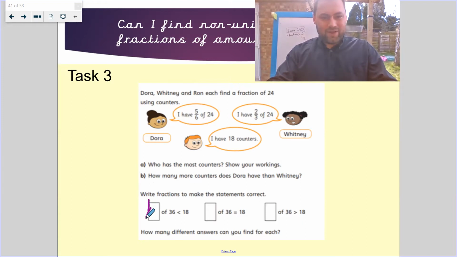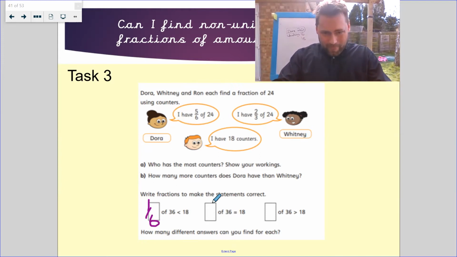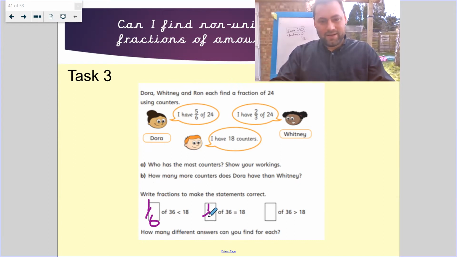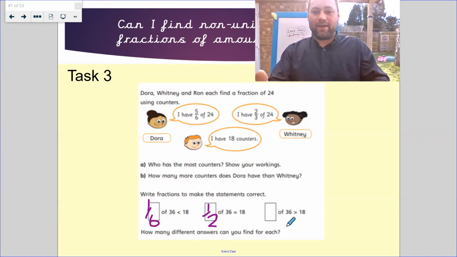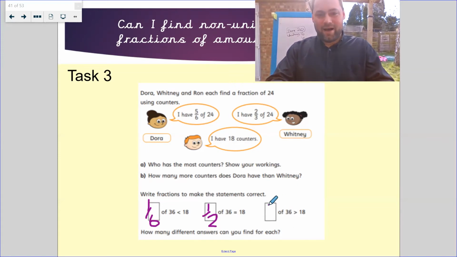So 1/6 of 36 is equal to 6, which is less than 18. What equals 18? I could put 1/2 of 36 is equal to 18. And for one that's greater than 18, I may do 5/6 of 36 is greater than 18.